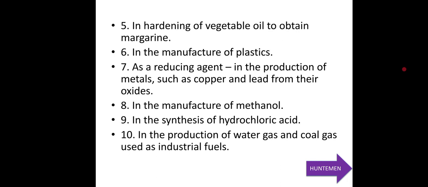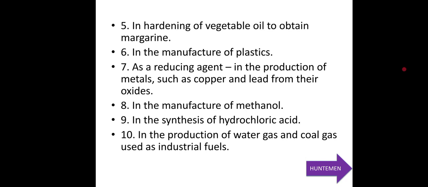Hydrogen is also used as a reducing agent in the production of metals such as copper. We have said this in the chemical properties. So it reduces copper to its original form from its compounds, and lead also from their oxides.